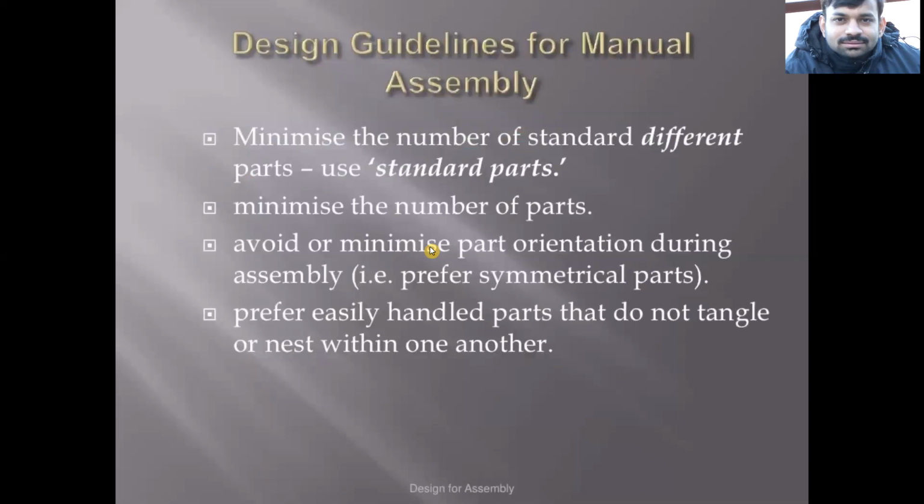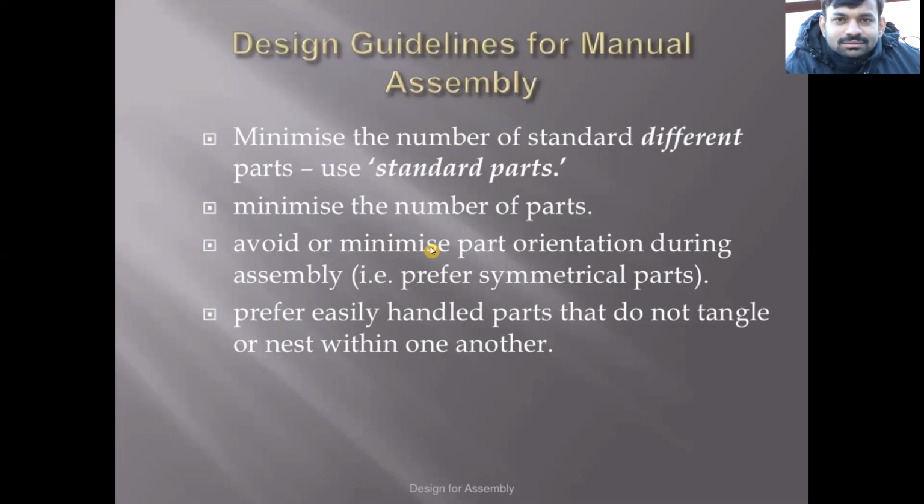Now, further design guidelines for manual assembly: minimize the number of different parts, and use standard parts. As we discussed in previous lectures also, if we use standard sized parts, then the cost of the product gets lowered. Then minimize the number of parts, and avoid or minimize part orientation during assembly.